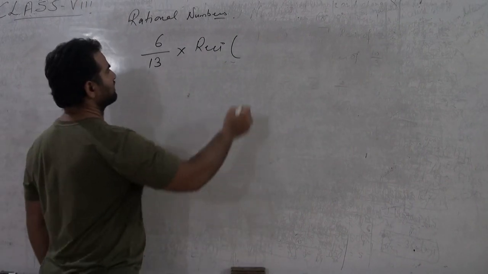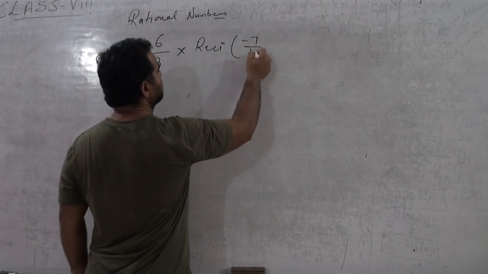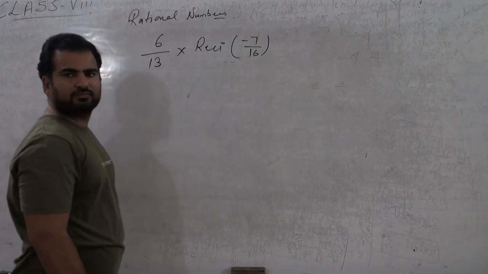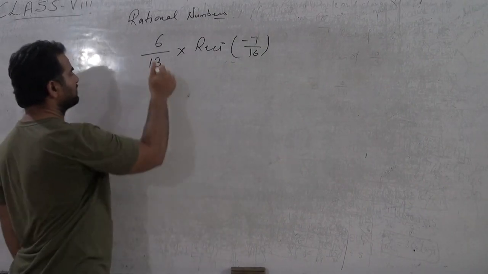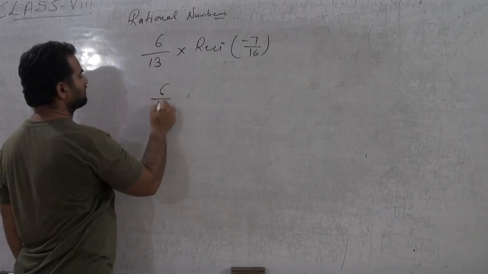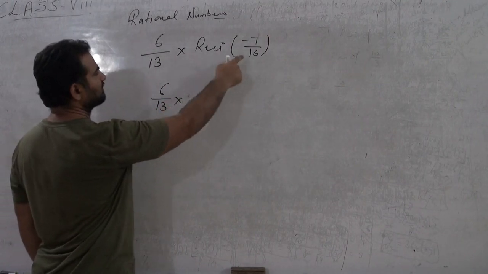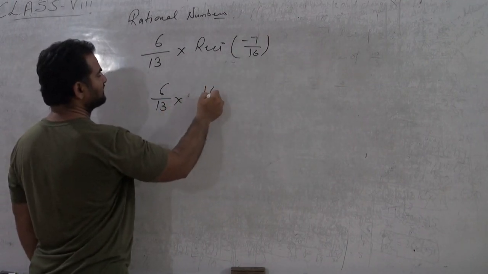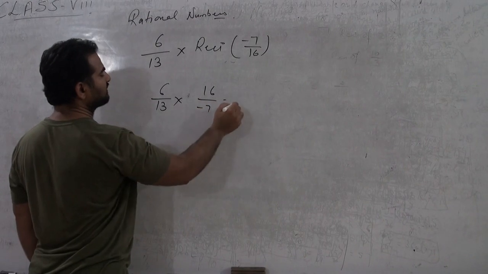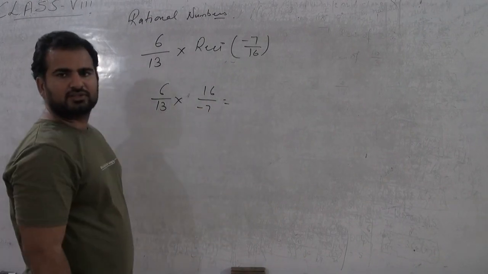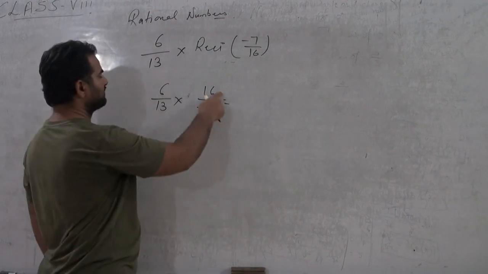Okay. So it will be 6 by 13 multiplied by the reciprocal of minus 7 by 16, which will be 16 by minus 7. Okay. So it is a reciprocal.